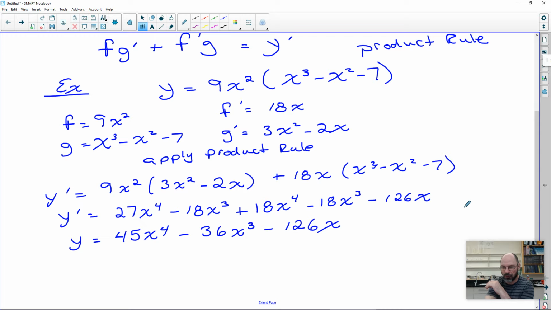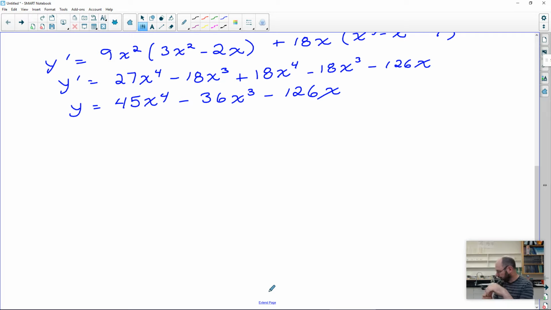Okay, let's do another one here. Let me dig out my little more complex one. Let's do a polynomial one with a root in it.